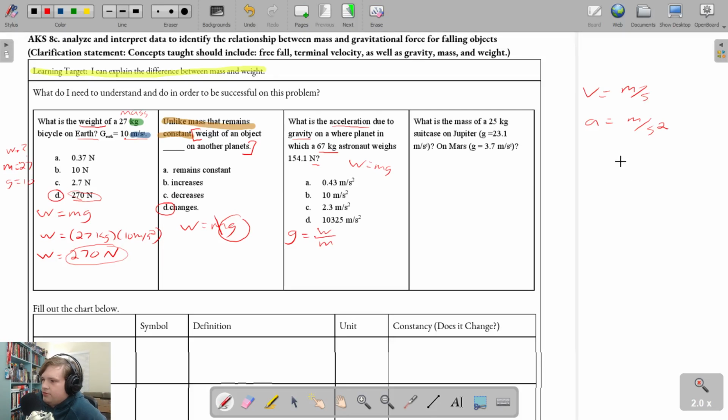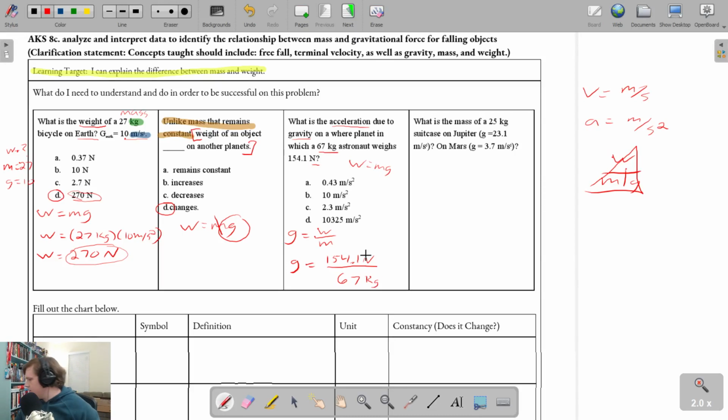If you absolutely need to, you can do the triangle: weight is equal to mass times gravity. You cover up gravity, you're left with weight over mass. If you can't do the algebra, remember this is a way to figure out the rearrangement. Okay, so we just plug it in. g is equal to our weight, 154.1 newtons, over our mass, which is 67 kilograms.